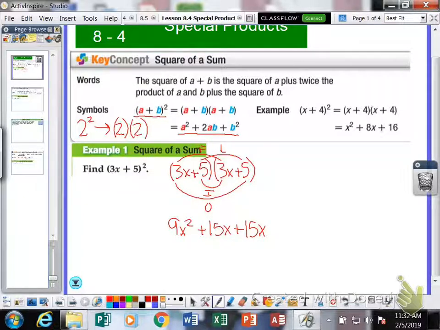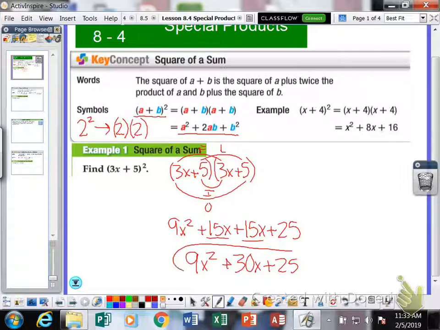And last, we have 5 times 5, which is just 25. Combine like terms: I have a 15x and a 15x here. I get 9x squared plus 30x plus 25, and that is my final answer there.